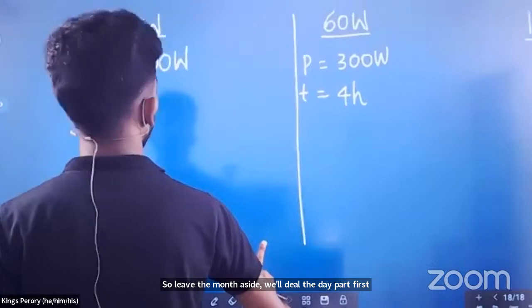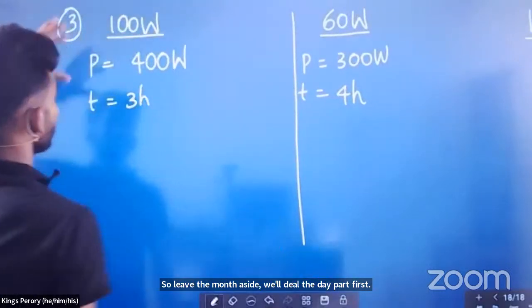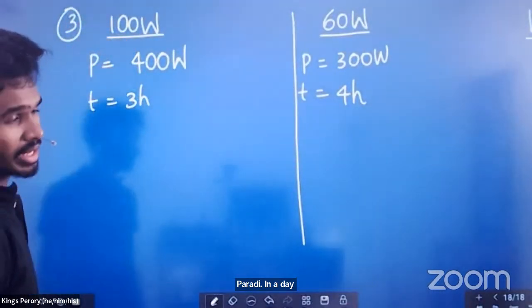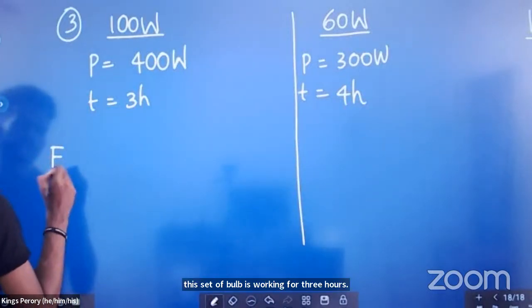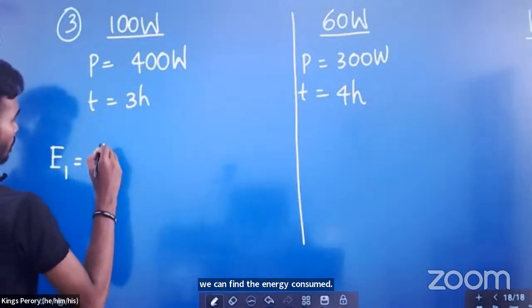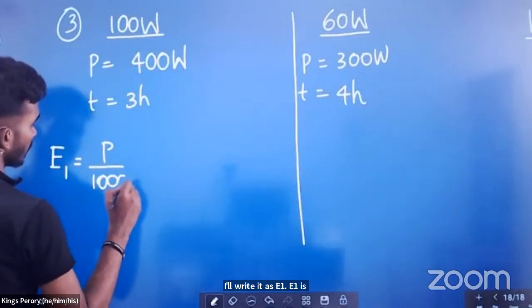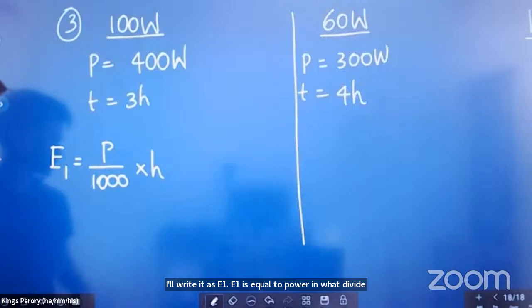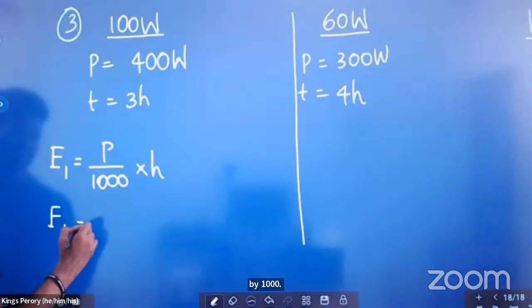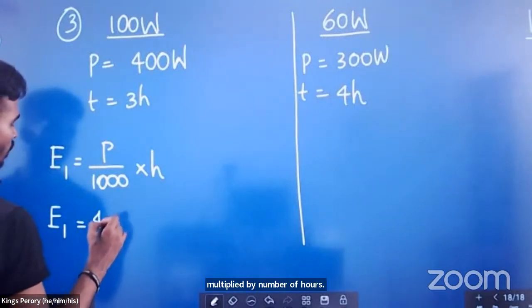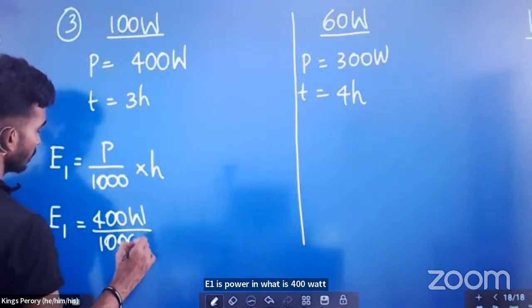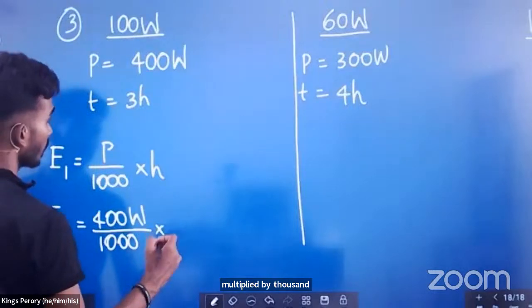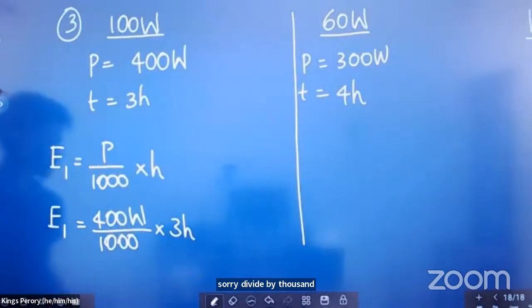For a day, in a day, this set of bulbs is working for 3 hours. We can find the energy consumed. I'll write it as E1. E1 is equal to power in watt divided by 1000 multiplied by number of hours. Power in watt is 400 watt, divided by 1000 multiplied by 3 hours.